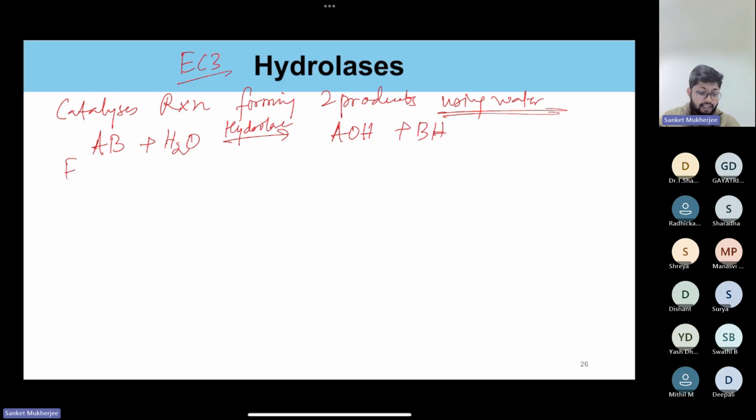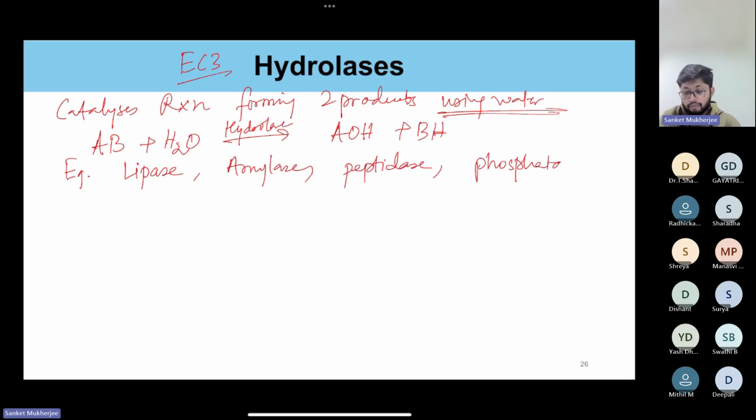Examples of hydrolases are lipase, amylase, peptidase, and phosphatase also. They are all hydrolases basically.